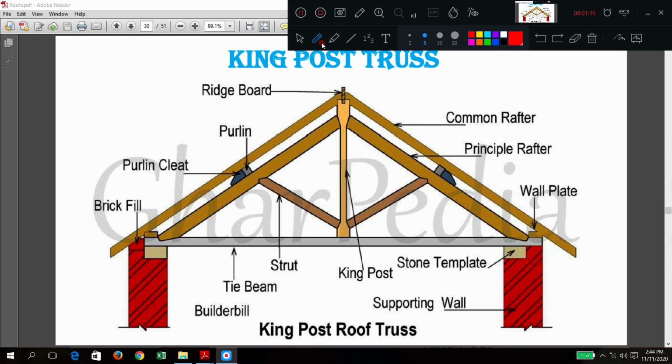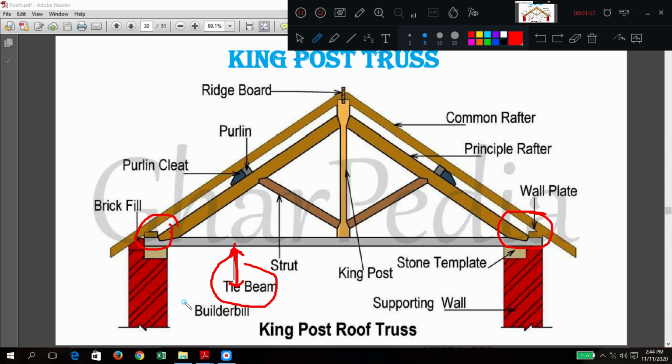Now just see the members here. Which one will support what? As usual, at the bottom there is a tie beam. What is the function of the tie beam? The tie beam holds the rafters, this rafter and this rafter, together. What will happen if the tie beam is not provided?